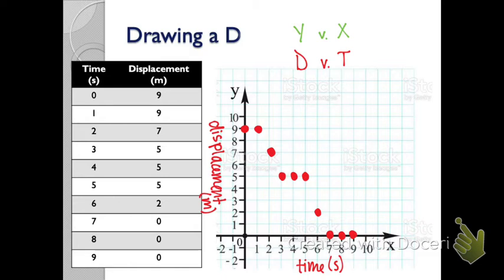Okay, so let's try to make our lines here nice and straight. Did you notice how on this graph, this is a different slope than this segment? Make sure you don't just draw it all the way to 0, right?